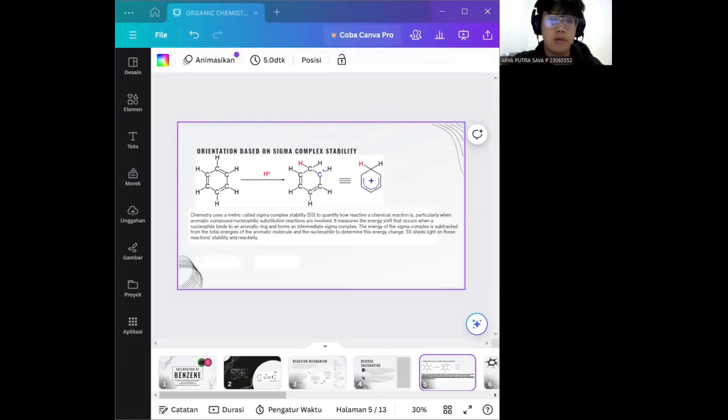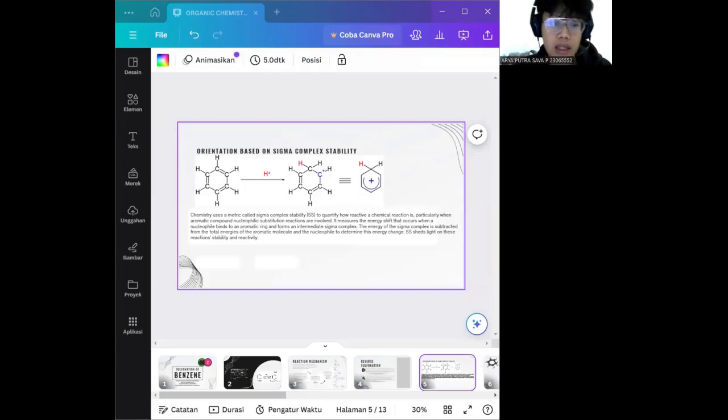The concept of sigma complex stability is used to quantify reactivity in certain chemical reactions, particularly in the context of nucleophilic substitution, as I just said.